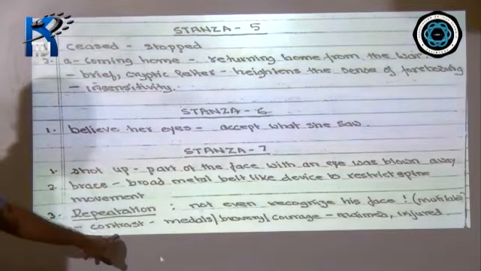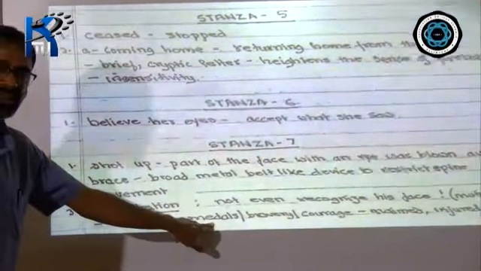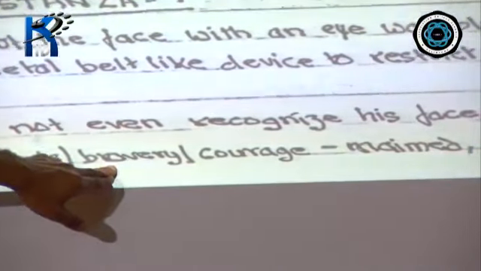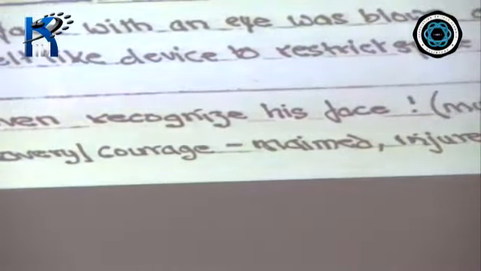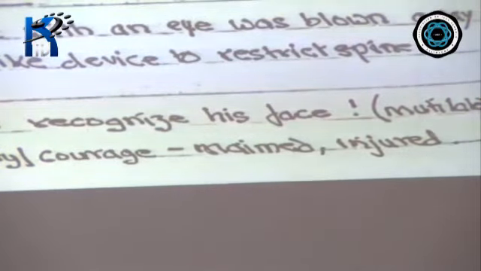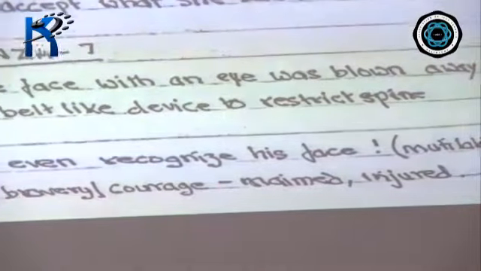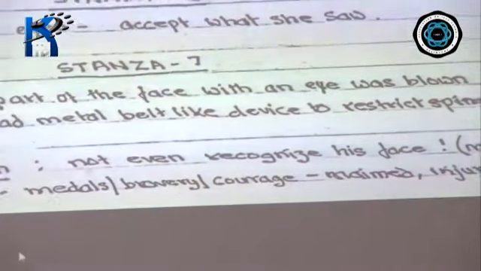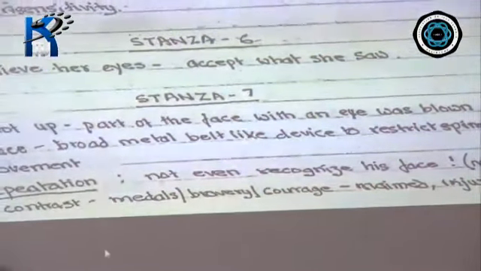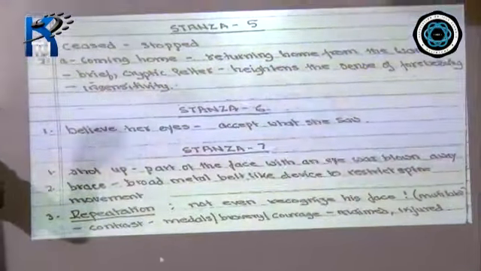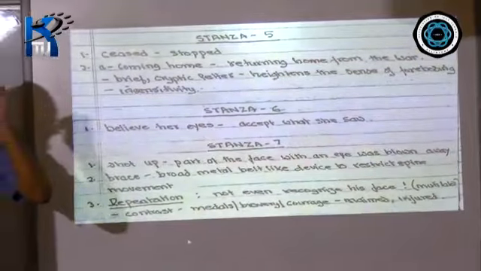Look at the contrast. That the son would come back with medals, the son would be awarded for his bravery and courage, while he has returned maimed, wounded, injured, mutilated. Her imagination and the reality, they don't match. It was the shock of her life.